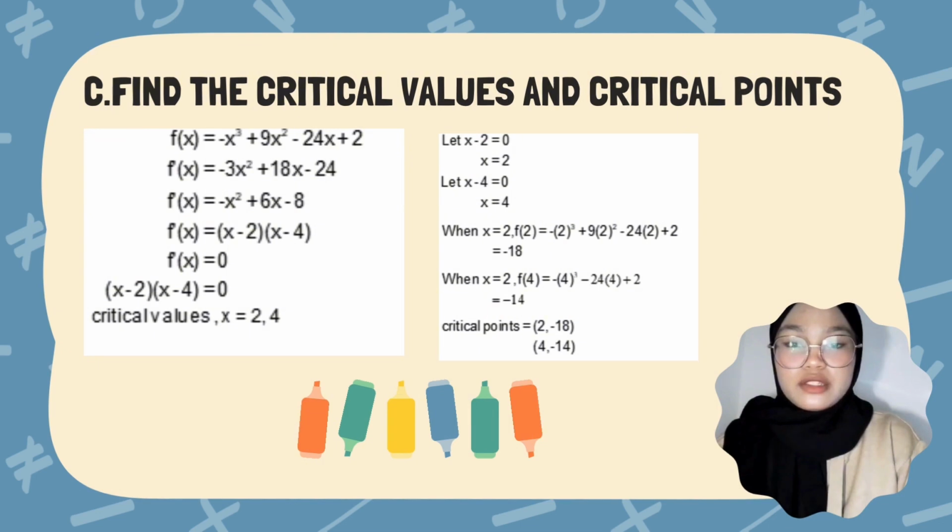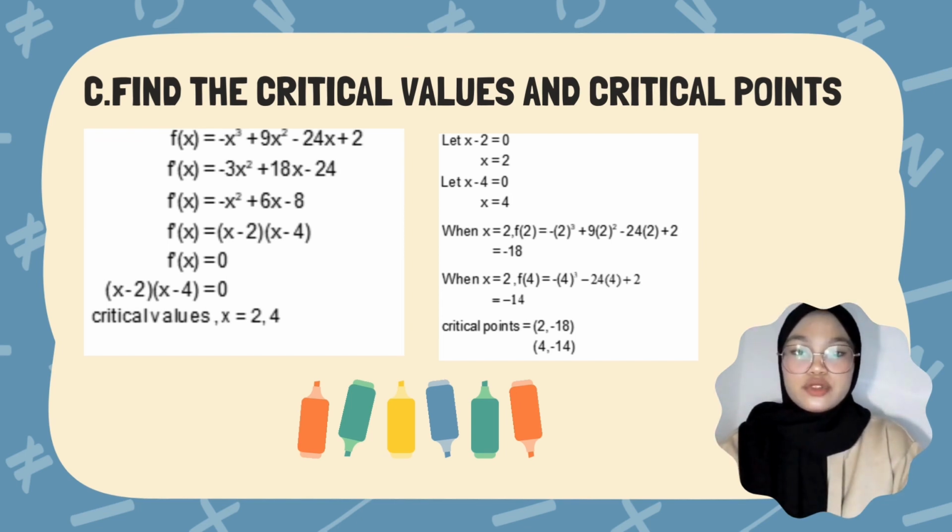Set f'(x) equal to 0, so we get (x minus 2)(x minus 4) equal to 0. Critical values of x we get 2 and 4. So set x minus 2 equal to 0 and we get x equal to 2, and x minus 4 equal to 0 and we get x equal to 4.